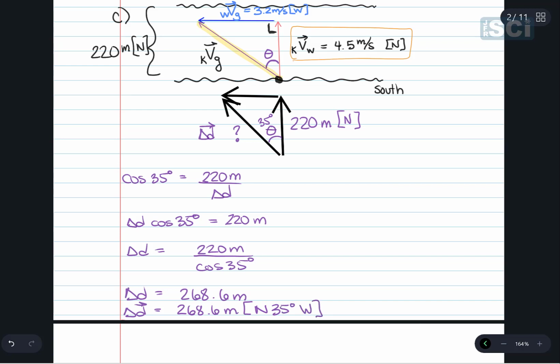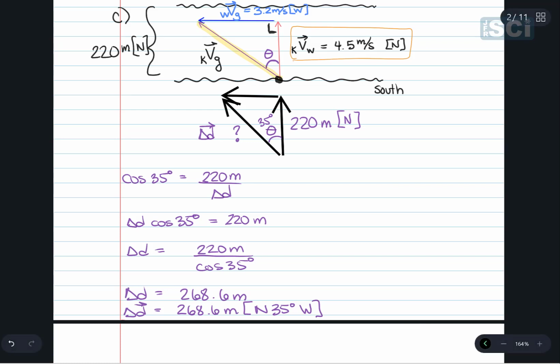That's one approach. Okay. Another approach could be to find the velocity of the kayaker relative to the ground. And we already know that.